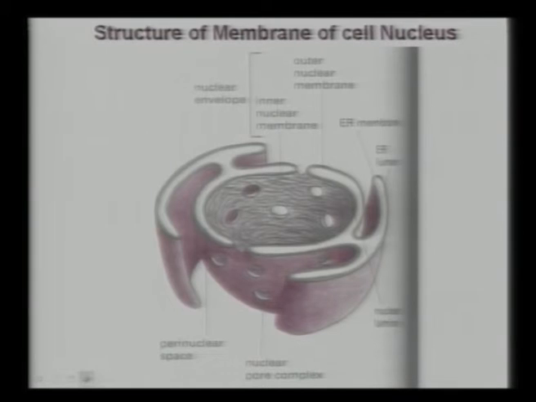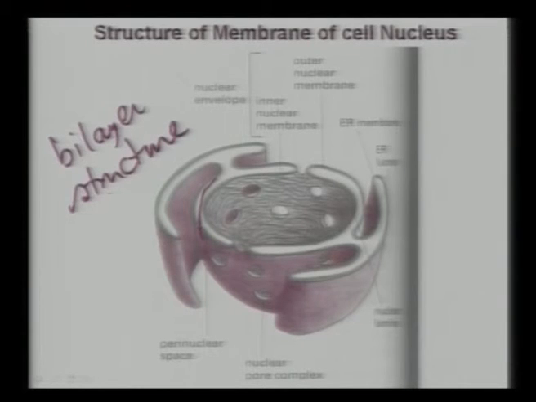This is what I told you earlier about the nuclear membrane, what is the typical structure. Again, this membrane also has a typical bilayer structure. You remember mitochondria also have a bilayer structure, and some other materials also have a bilayer structure.